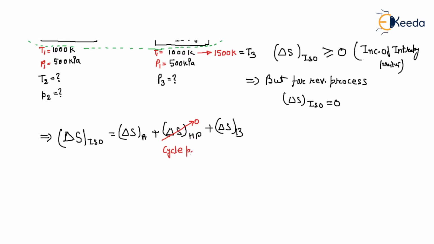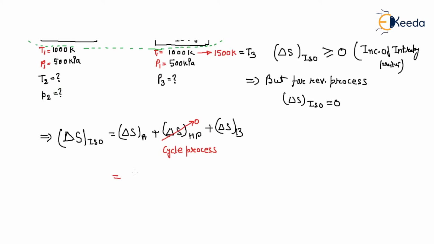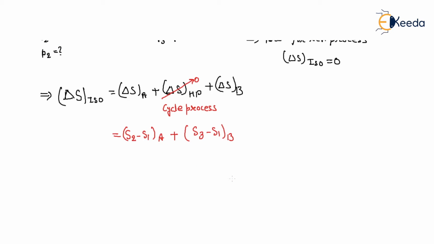Delta S A is S2 minus S1 for A, plus delta S B is S3 minus S1 for B. Now since nitrogen acts as an ideal gas, what is the system?